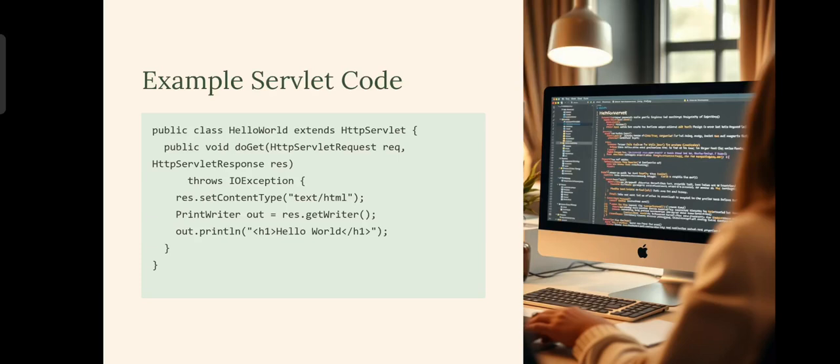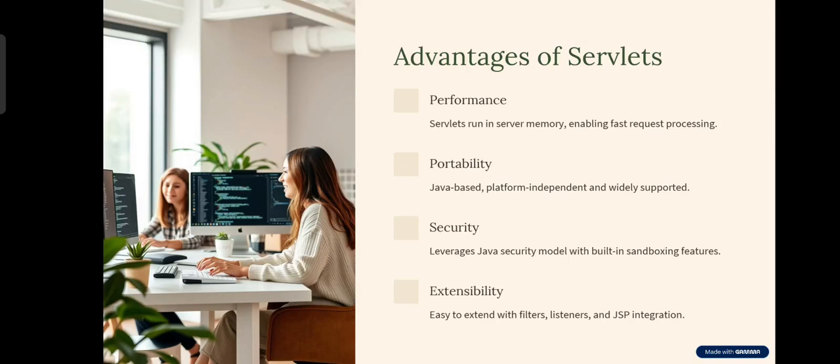In this code, res.setContentType("text/html") tells the browser that the response is HTML. res.getWriter prepares to write the response, and the out.println sends back HTML with Hello World in big letters.